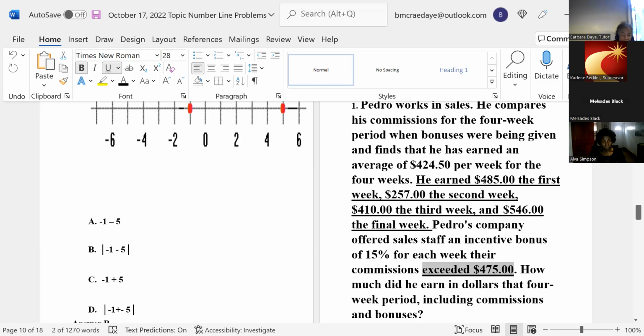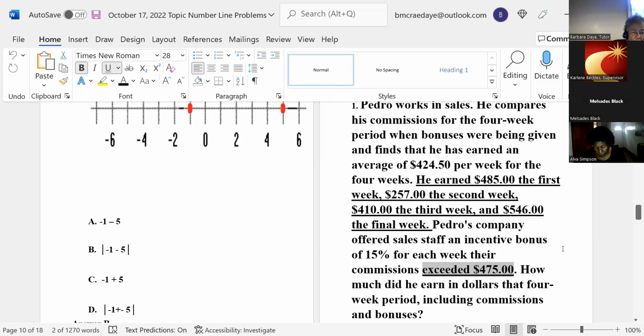The first week, 485. 485 is bigger than 475. 546 is bigger than 475. So there are 2 weeks he earned more than 475: the first week and the final week.